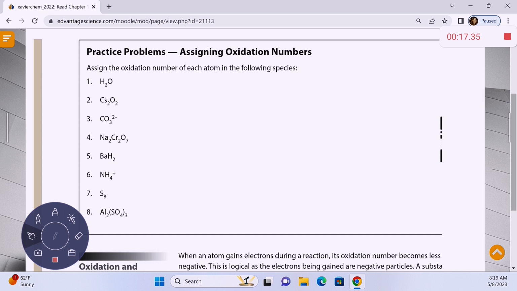Okay, so oxygen has a sweet start. And then for CS2, it doesn't have a charge.